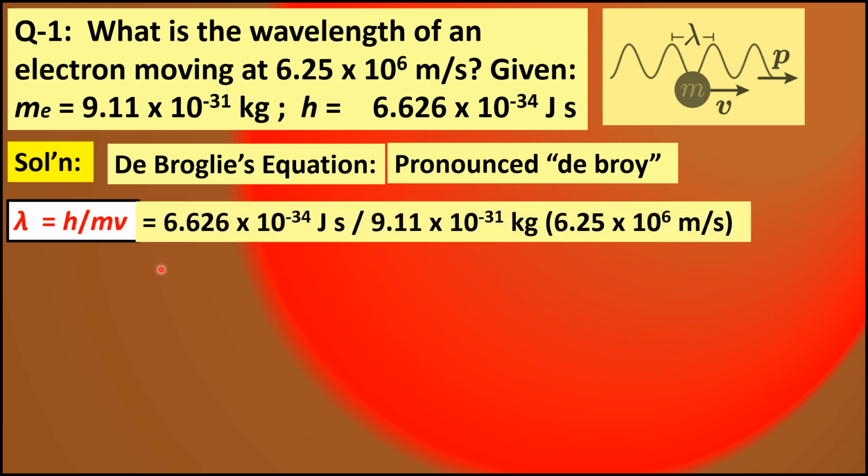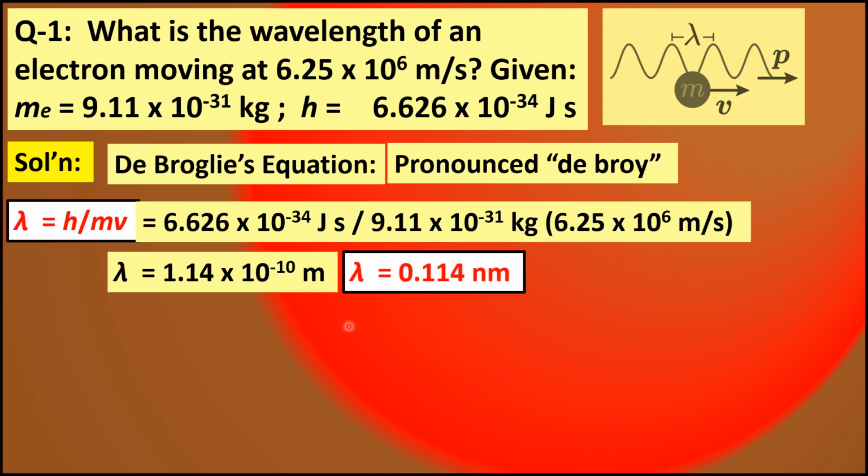So when you substitute Planck's constant divided by the product of the mass and its given speed, and doing our math, we will get the de Broglie wavelength of this electron equal to 1.14 times 10 to the negative 10 meters, or 0.114 nanometers.